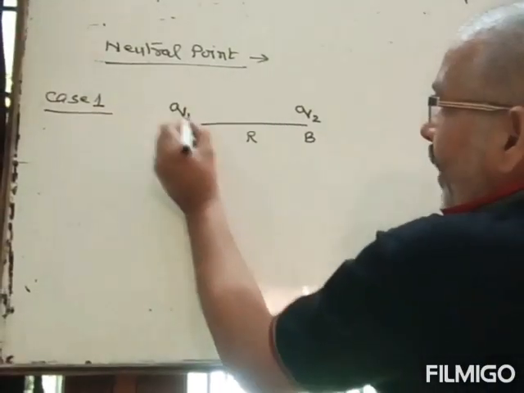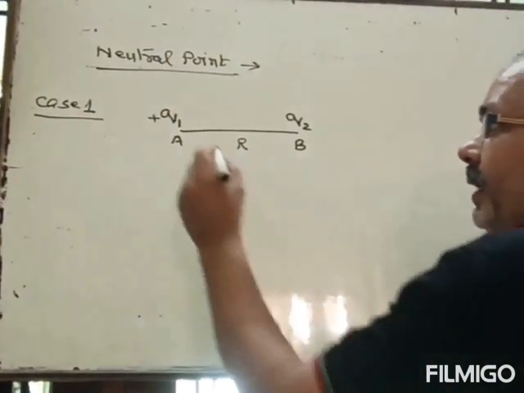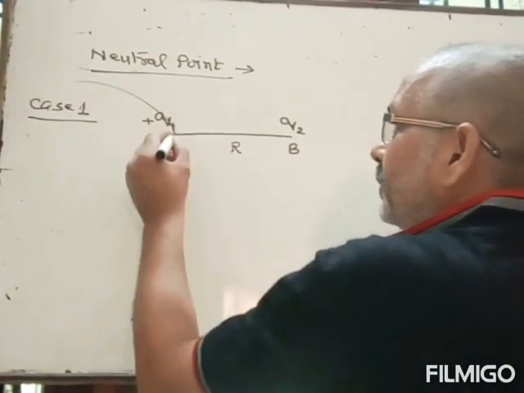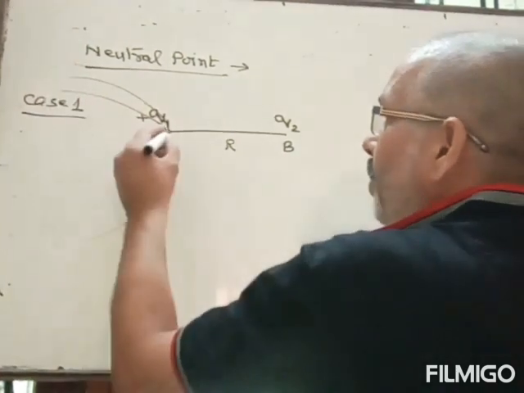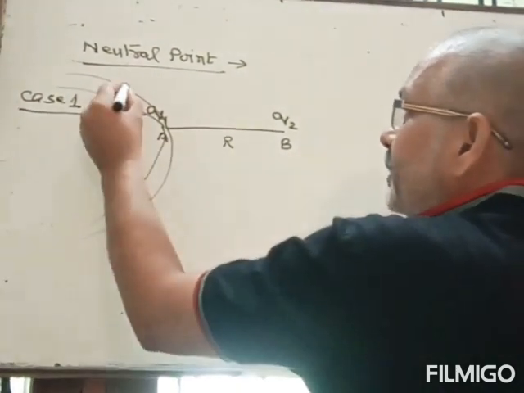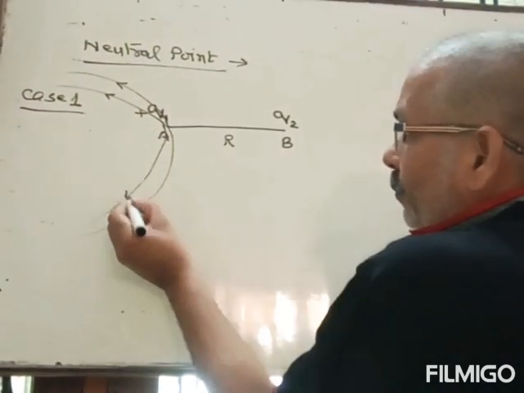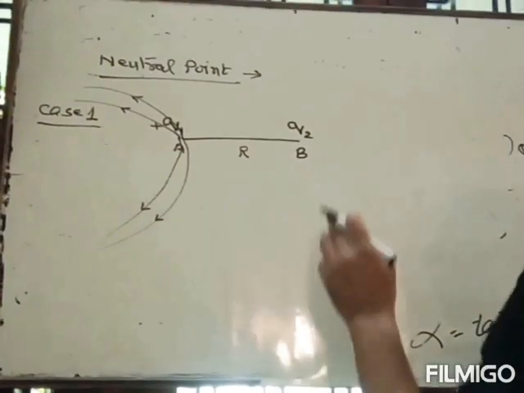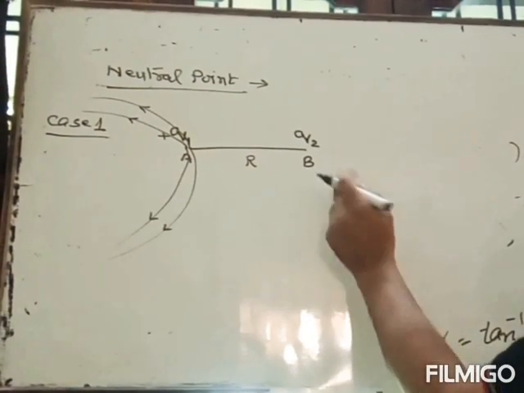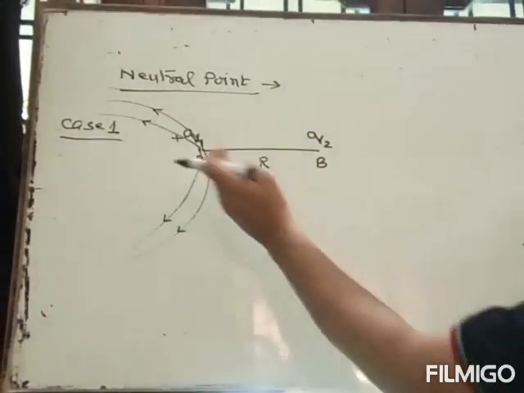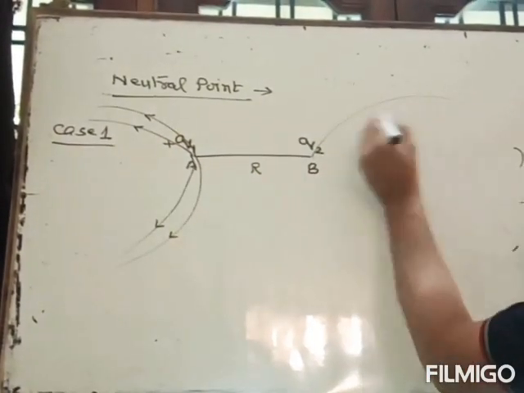See here, at point A, a positive charge is kept, so electric lines of force will emerge and move away from Q2 because Q2 is itself a positive charge, so force of repulsion will take place. Similarly, electric lines of force will emerge from Q2 and they get repelled by Q1 and move outward.